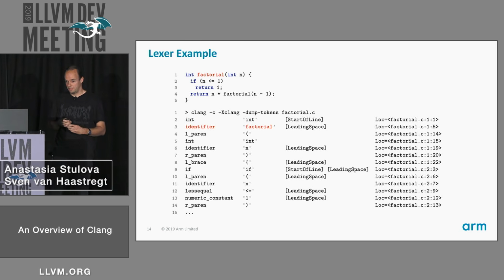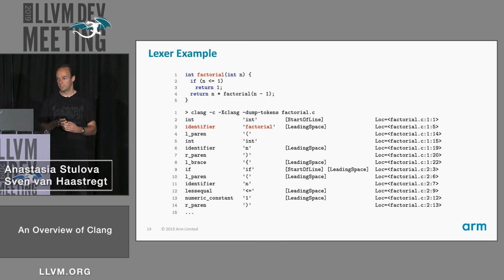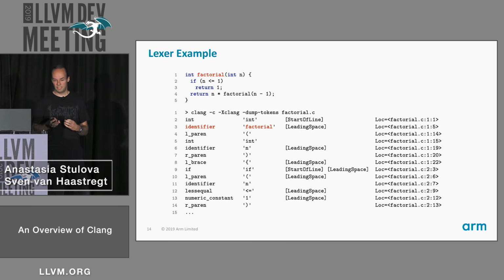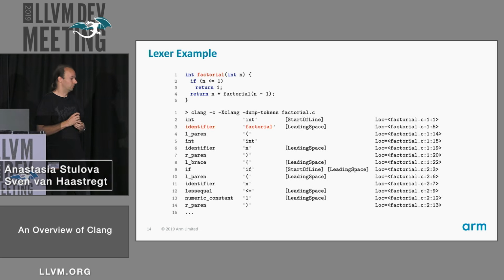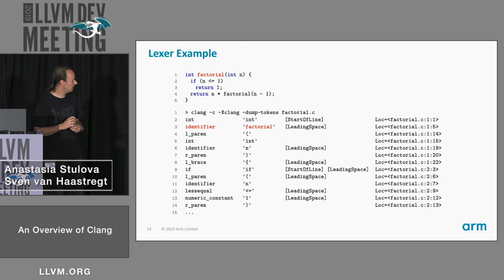The next thing it sees is factorial. Factorial is not a keyword in C or C++ or anything, but it matches a certain pattern called an identifier. So the lexer will return the token kind identifier with an extra value, factorial.